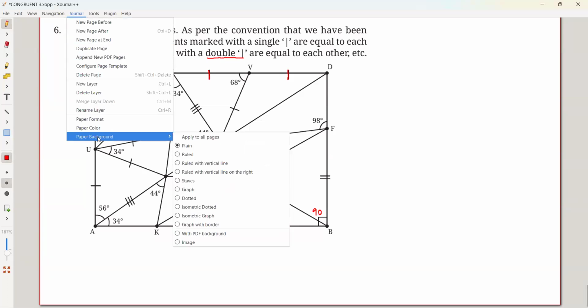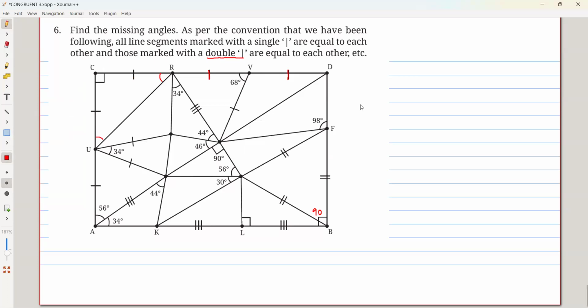First I'm going to choose a triangle. Which triangle? CUR. So I'm choosing triangle CUR.